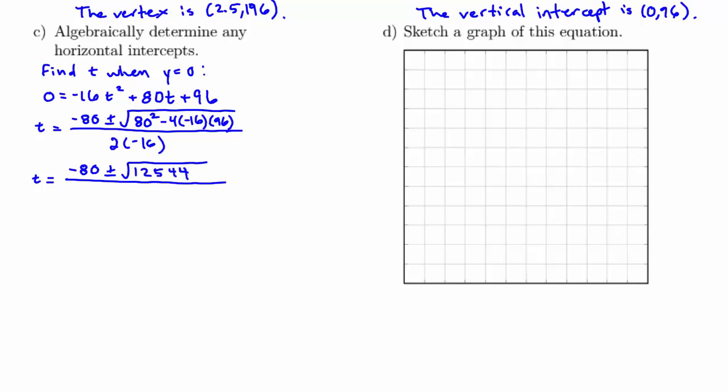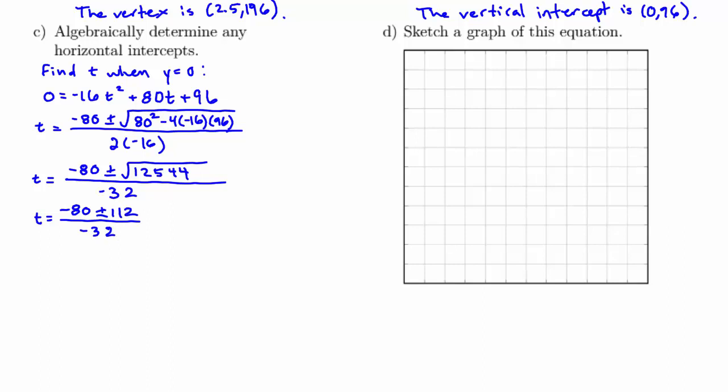So I'm going to have negative 80 plus or minus the square root of 12,544, all divided by 2 times negative 16, which is negative 32. Now, the square root of 12,544 happens to be 112 exactly, so I can simplify this further to t equal to negative 80 plus or minus 112, all divided by negative 32.